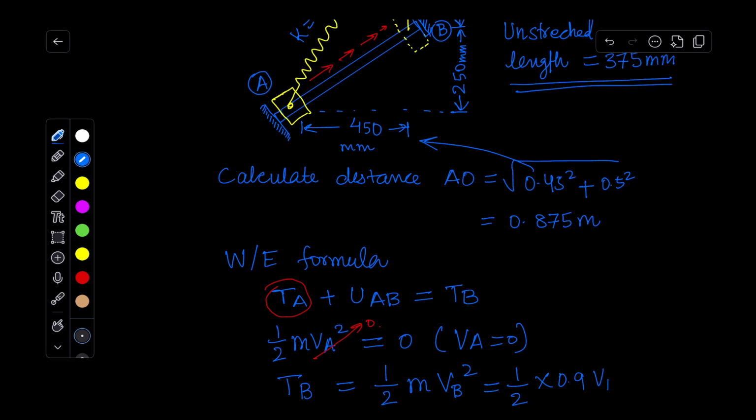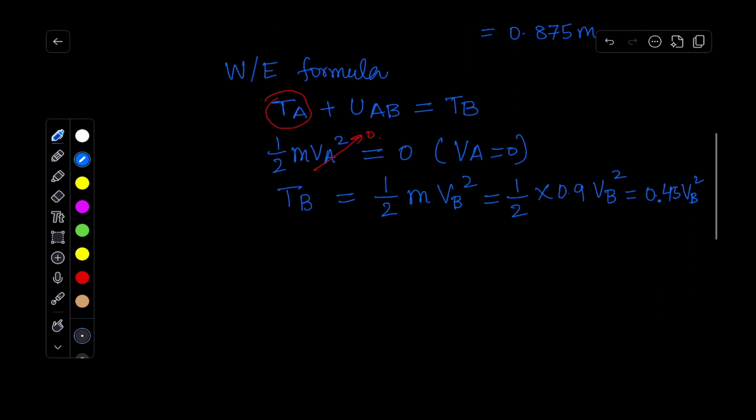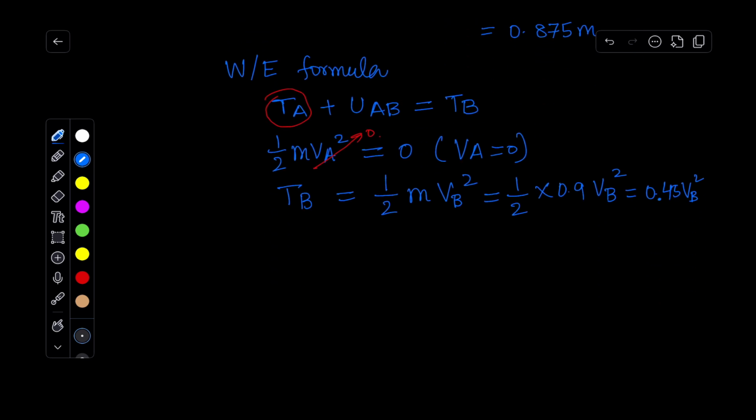We are assuming that it's not stopping there. When it reaches, what will be the velocity? So we can write half mv square. We have the value of mass m, but we do not know vB. So we will carry out another process.